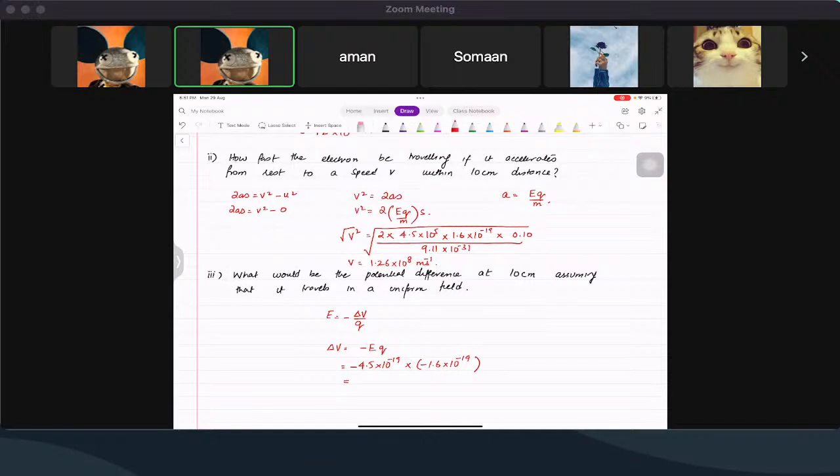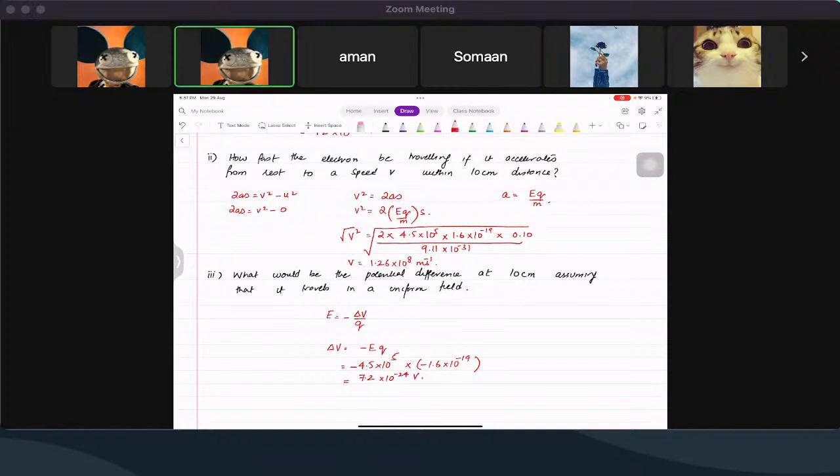I haven't calculated this yet, but it will give you something like 7.2 times 10 raised to minus 14 volts.